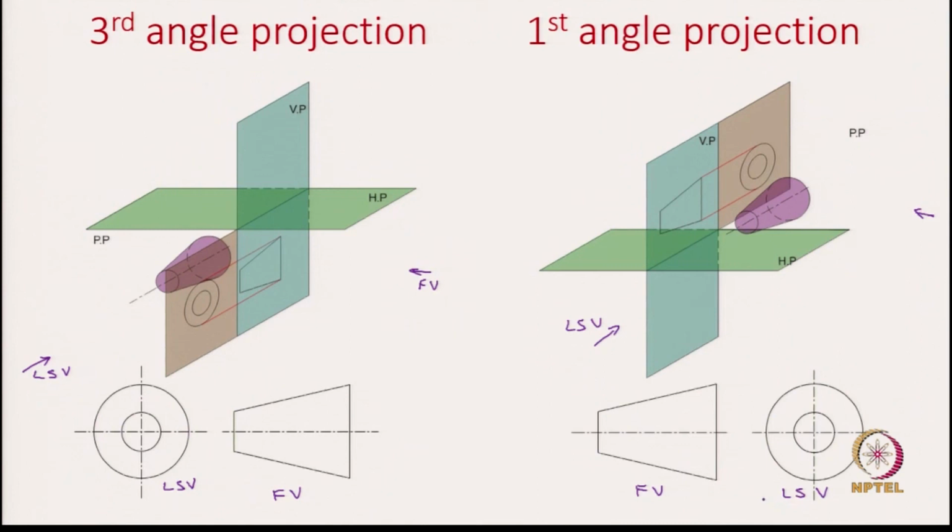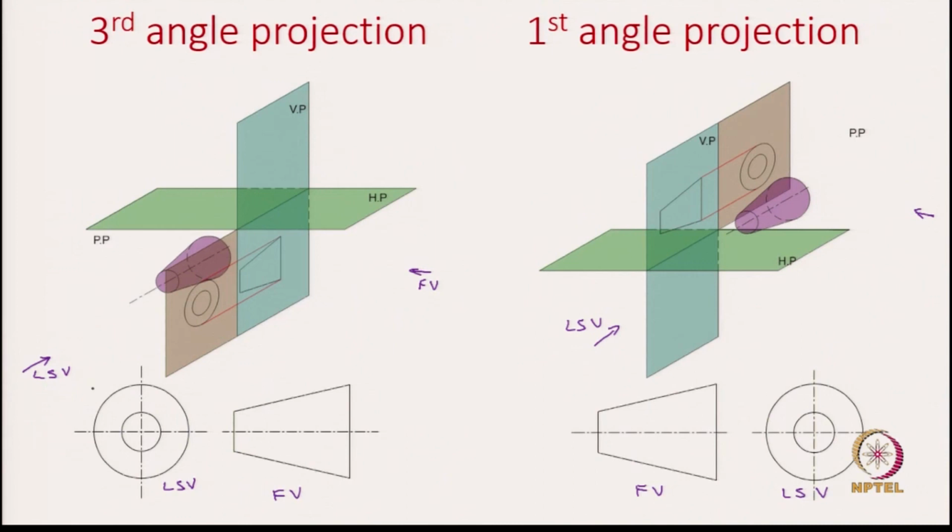Now let us contrast the first angle and the third angle projection. In the third angle projection we place the left side view to the left of the front view, and in the first angle projection we place the left side view to the right. Essentially, the concentric circles are placed to the left if it is the third angle projection, and to the right of the trapezium in the case of the first angle projection.